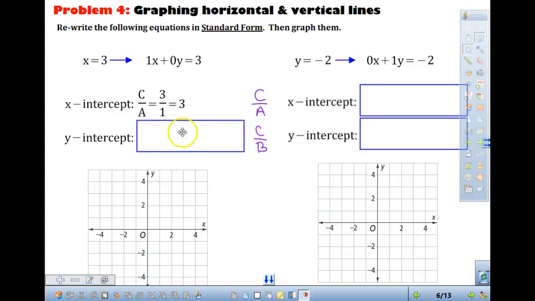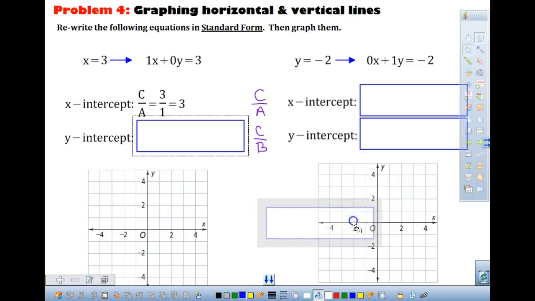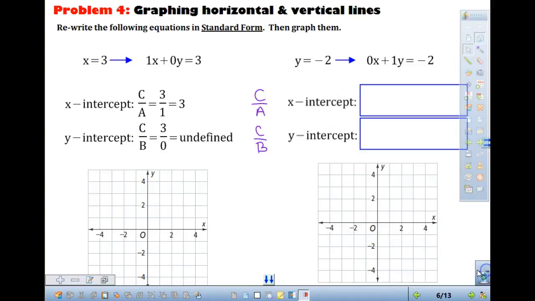C divided by a should be 3 over 1, which gives us 3. What's our y-intercept going to be at that problem? C divided by 3 divided by 0 is undefined, not 0, undefined.